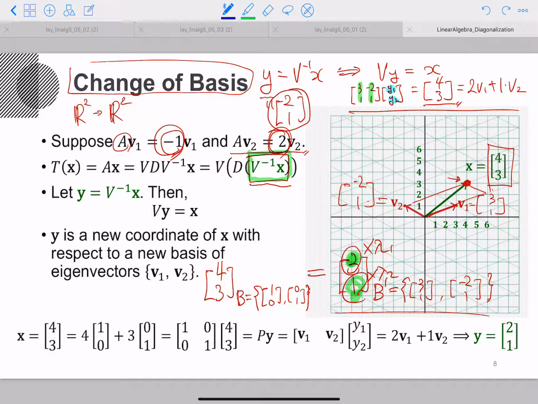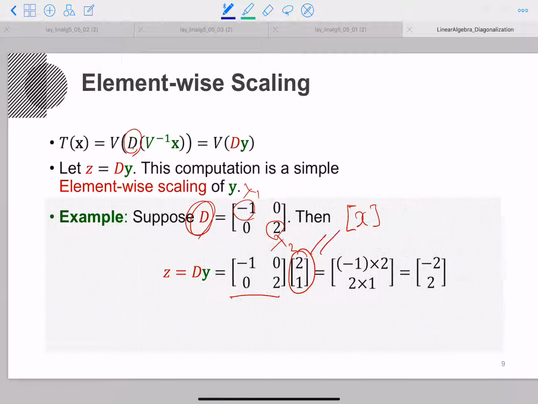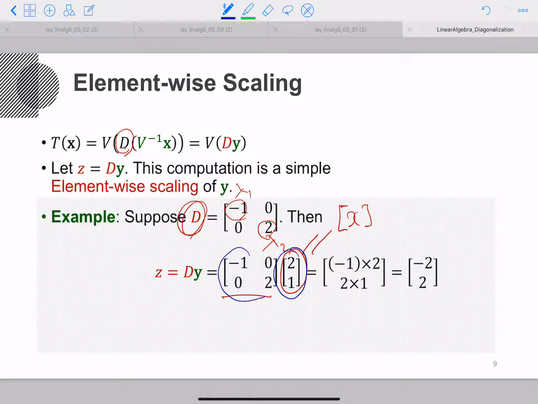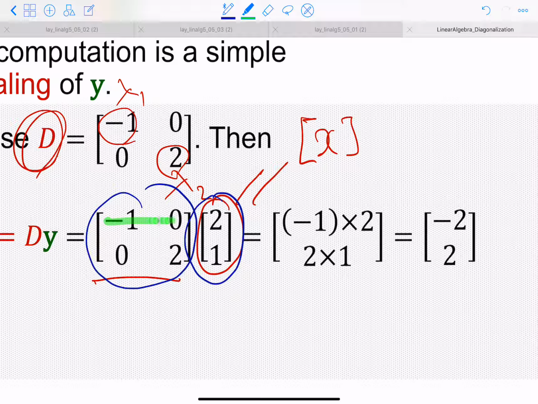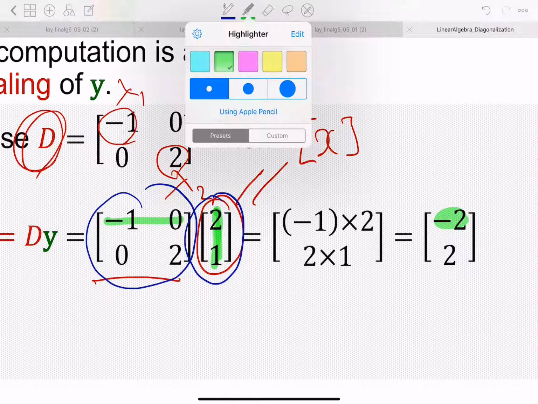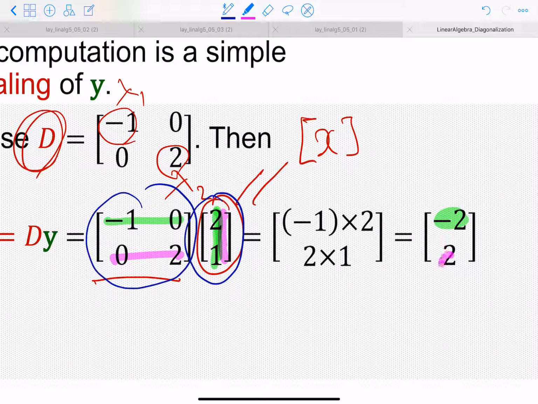And this guy is y actually. (2, 1) is our y, and it is multiplied with our diagonal matrix. Typically we would perform the inner product between these to obtain this entry and this entry.